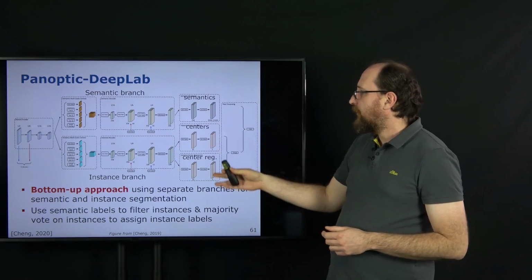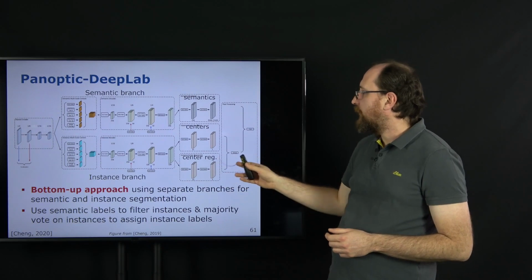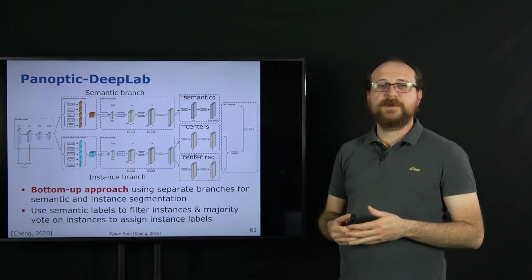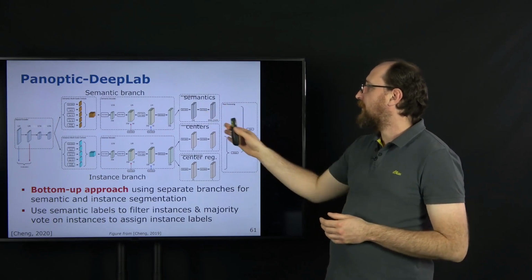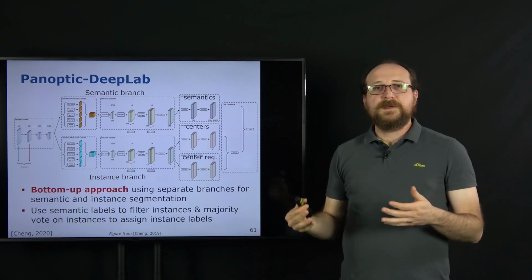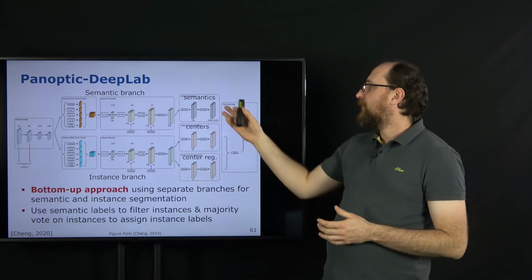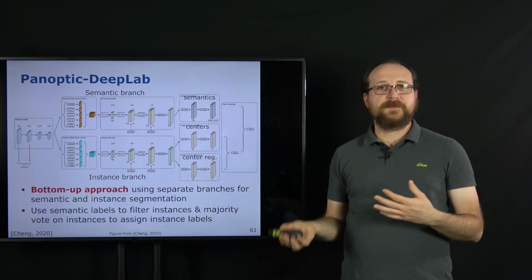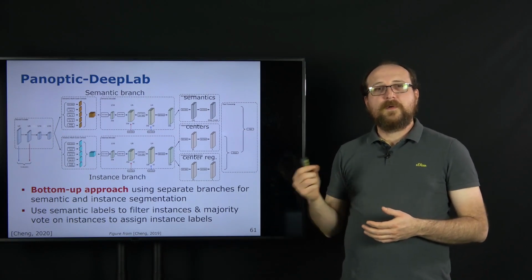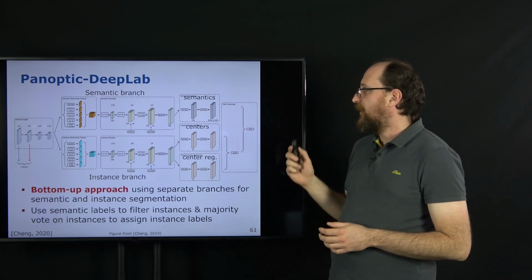Both together, the centers and the center regression, allow us to group the pixels into instances for the thing classes, and with the semantics together build the instance mask we are interested in. At the same time, the semantics for all classes, things and stuff, provide only the class assignment, which comes from the semantics branch.